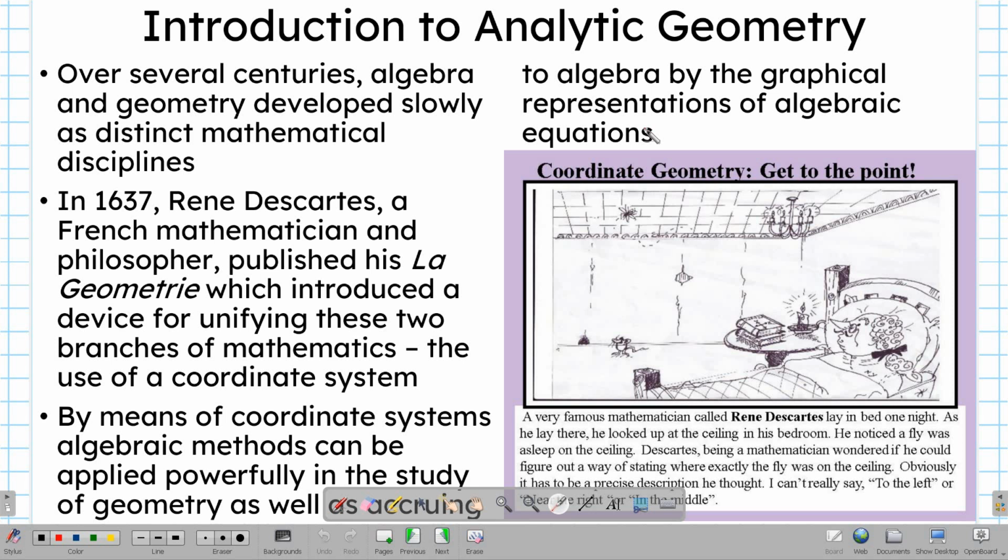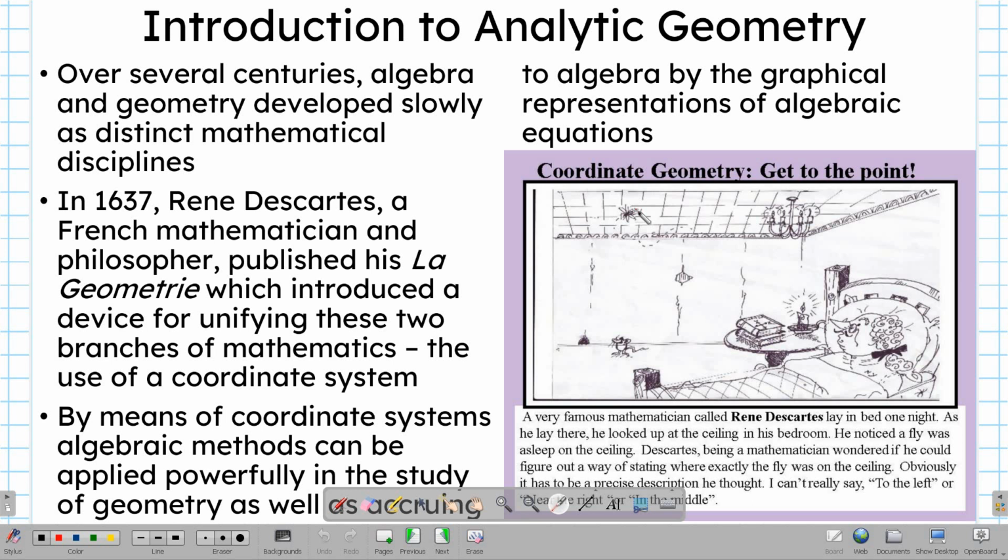Now, how did René Descartes think of a coordinate system? According to legend, although hindi to yung itsura niya talaga, René Descartes was lying on his bed one night and he noticed a fly on the ceiling. And he wondered, paano kaya niya ma-describe yung exact location ng fly sa ceiling?